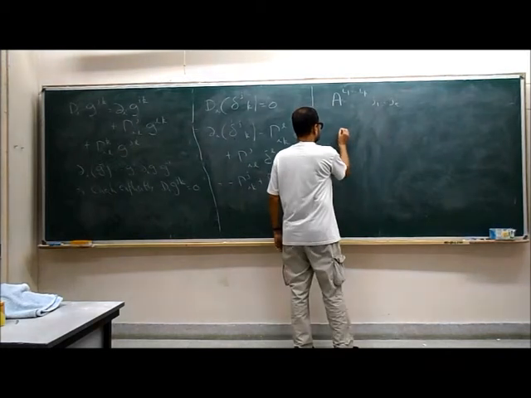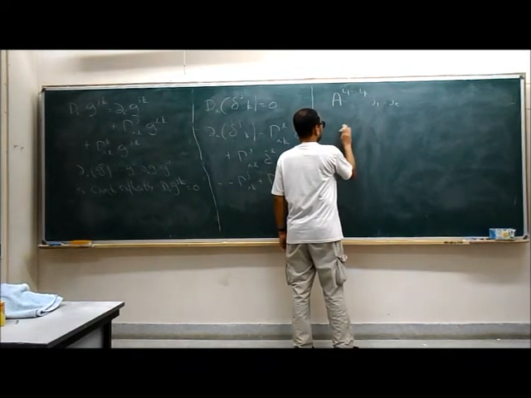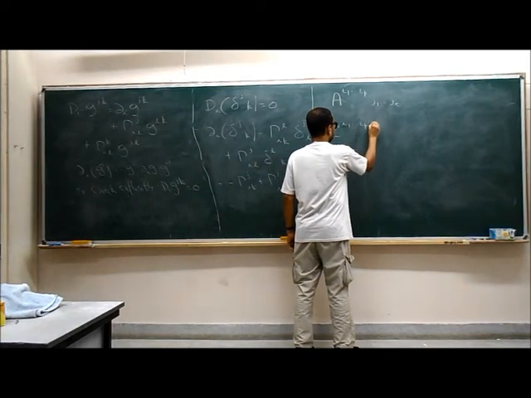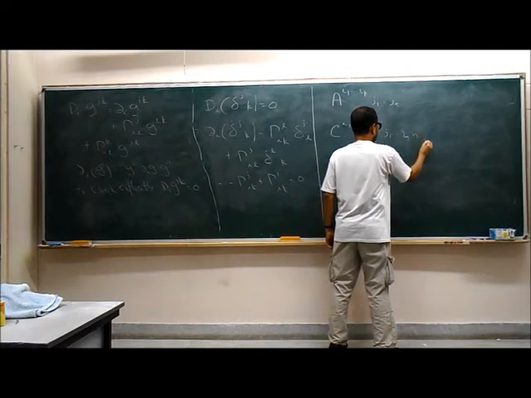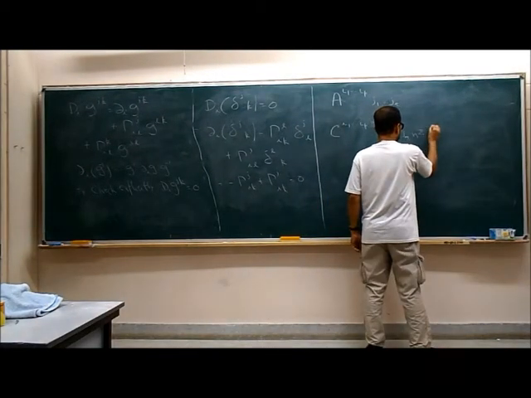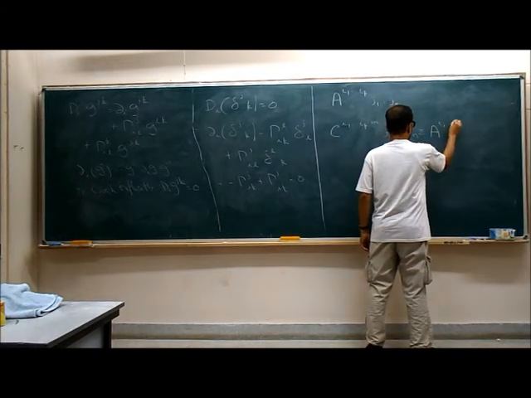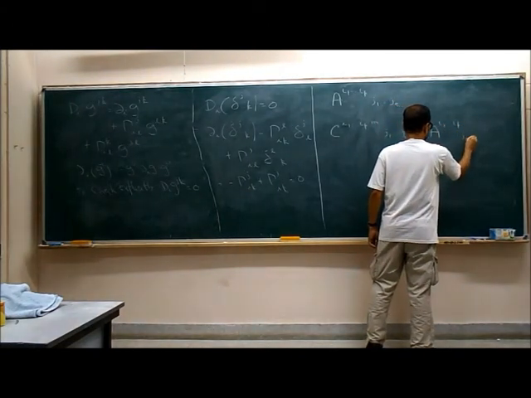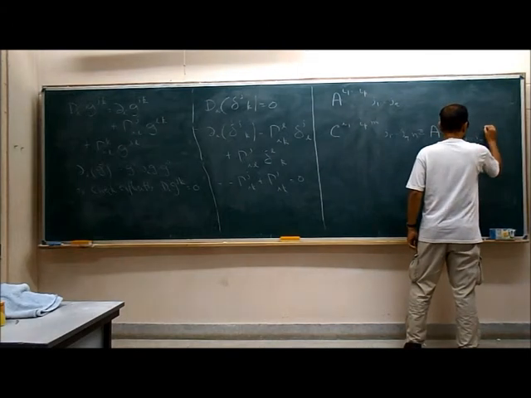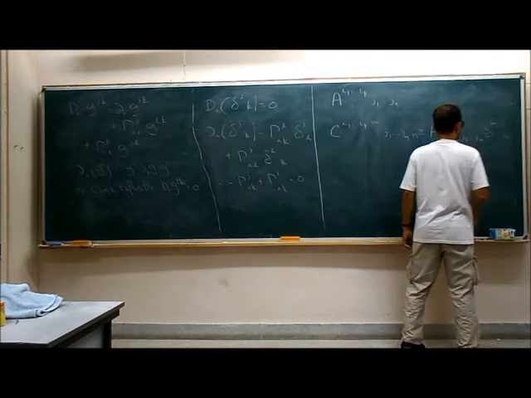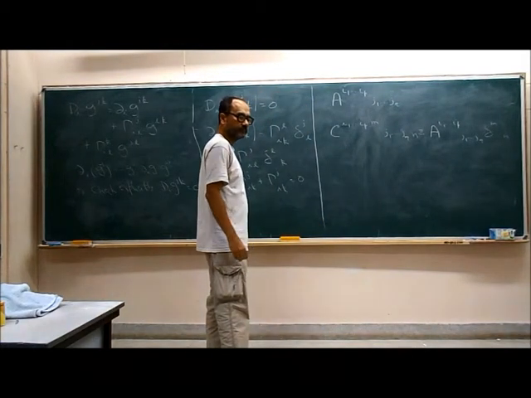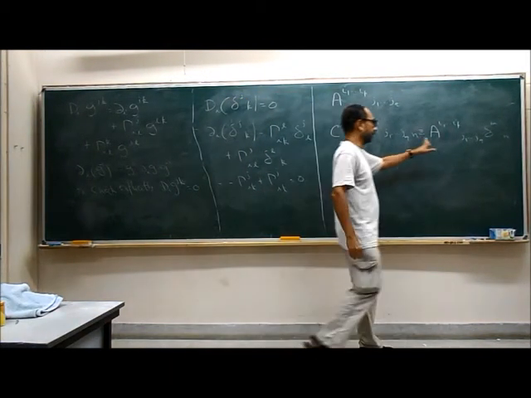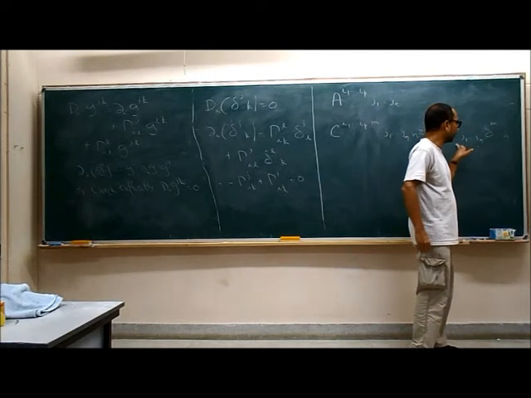Now I consider another tensor, C^{i1...ip m}_{j1...jq n}, which is by definition A^{i1...ip}_{j1...jq} δ^m_n. This is a tensor; we have already proven that the product of two tensors is a tensor.